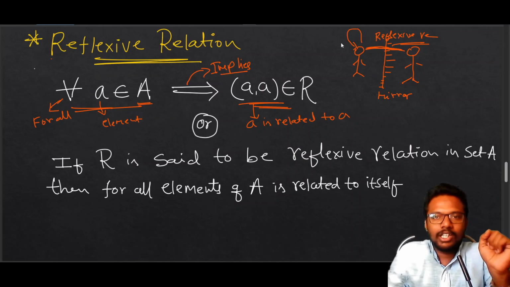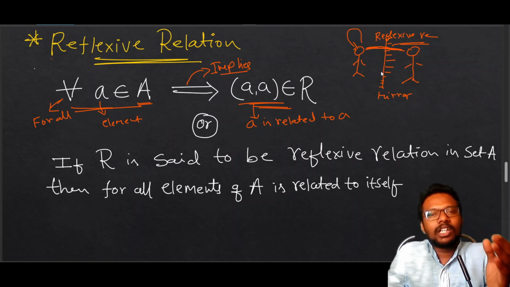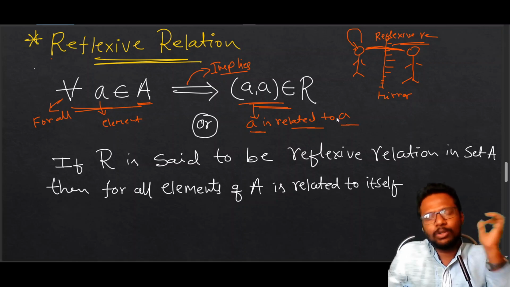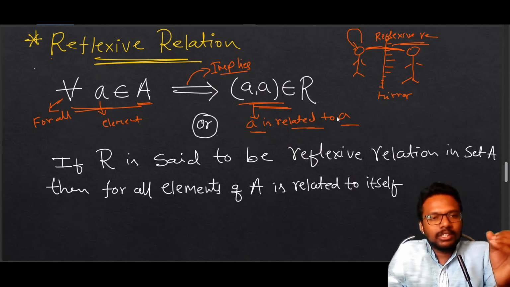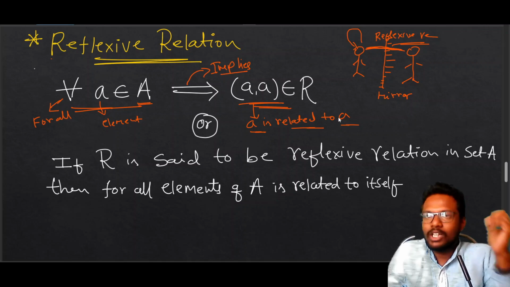Already here we discussed reflexive in a general way by using a mirror. If a person is standing in front of a mirror, he himself is reflecting. In the same way, if a is related to a, then that R will be a reflexive relation. It means every element of A is related to itself. If you consider any element from the set A which is related to itself, then that R will be a reflexive relation.